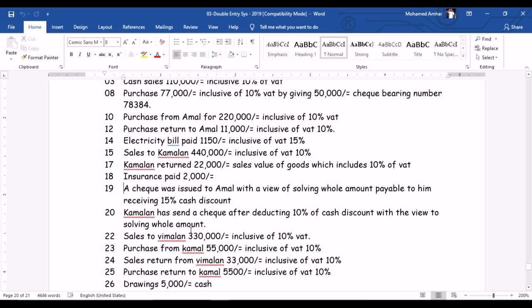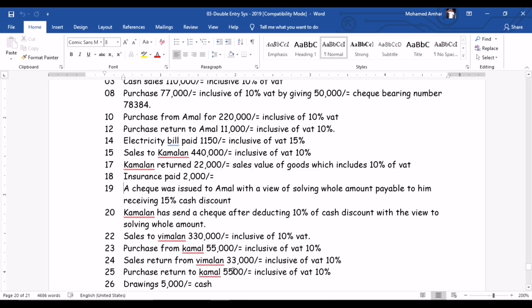19. A check was issued to Amal with the view of settling all amount payable to him, receiving 15% cash discount. Right. Now, up to now, how much should be payable to Amal has to be calculated first.